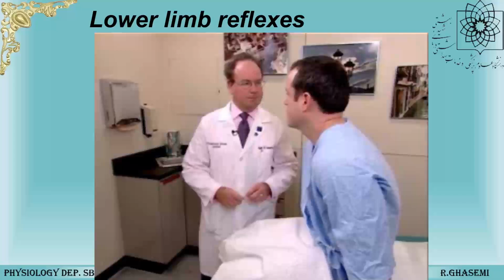Okay. By these reflexes that I told you, the class comes to the end, and I can say that by these two sessions that I had with you, we evaluated the different parts of the nervous system, not just one part of the nervous system, all parts together.